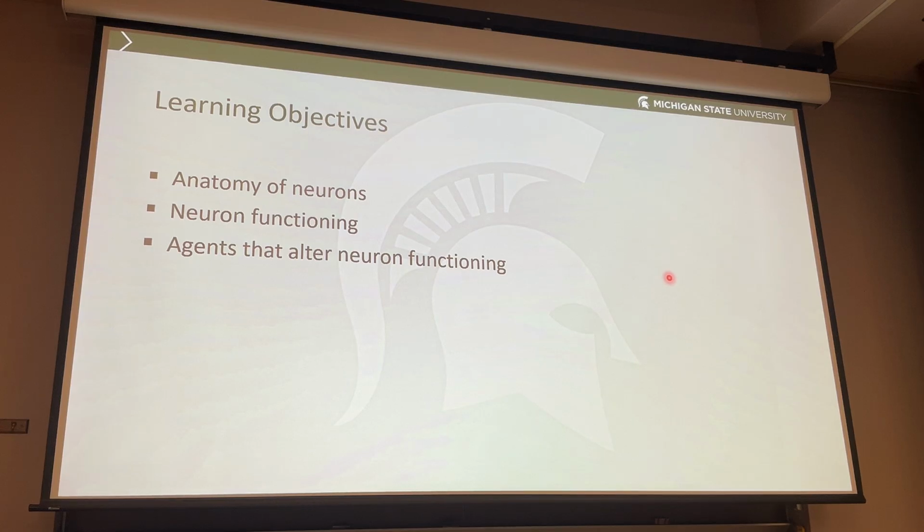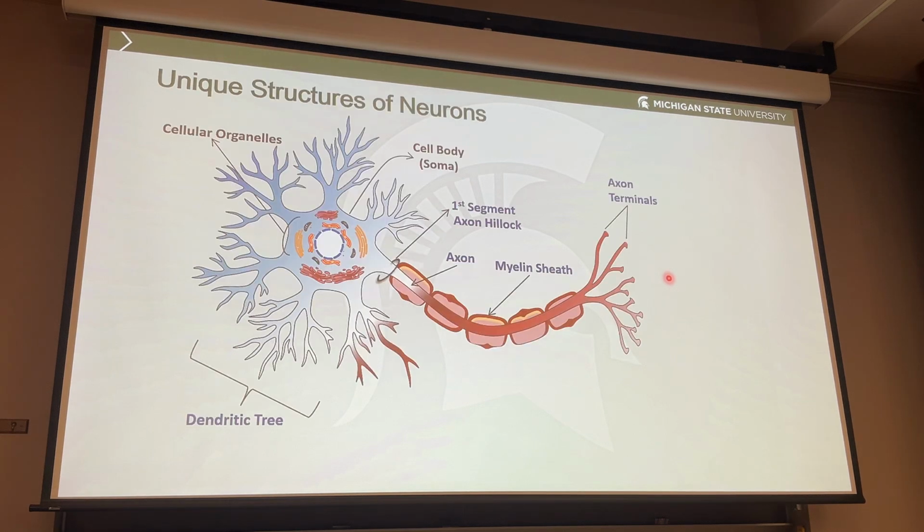Next lecture describes the specific neurotransmitters that are important, and at the end of that lecture, I will cover the in vivo experimentation that's done for testing drugs of abuse, and those experiments can sometimes employ these agents that alter neuron function. So, just where we're going.